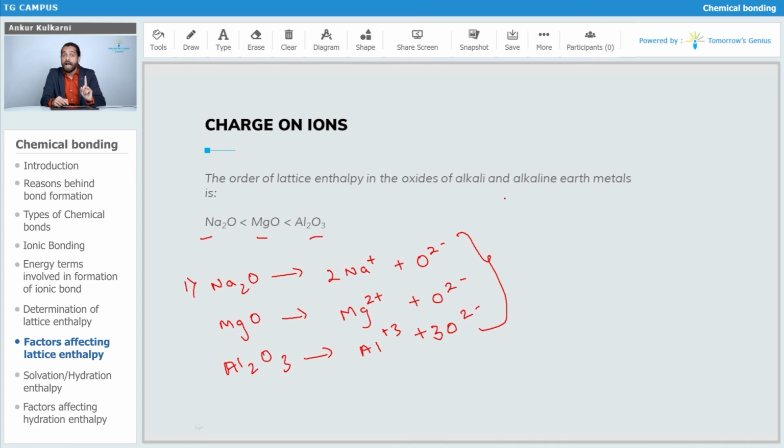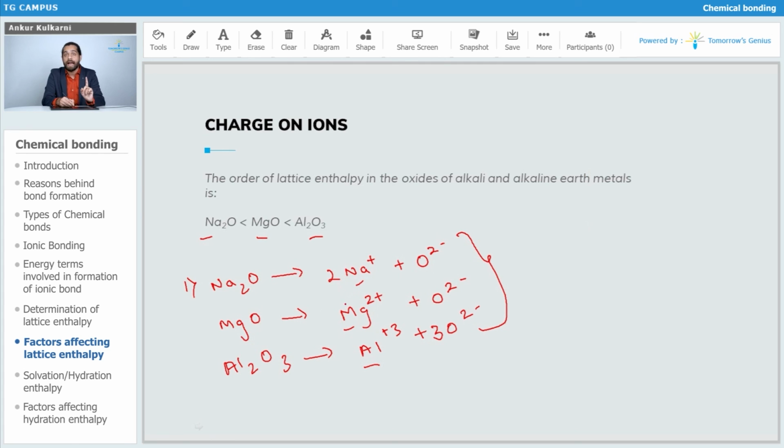Now again check the differences. Your charge on the cation is different. Sodium is +1, magnesium 2+, aluminium +3. So again the same concept of charge. The more the charge, the more the lattice enthalpy, correct? So now it is very easy and clear that your aluminium +3 will have the highest enthalpy.